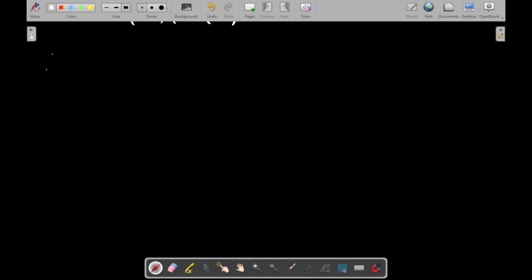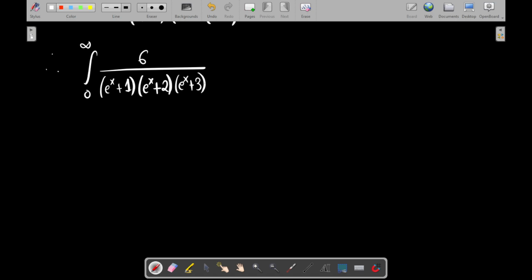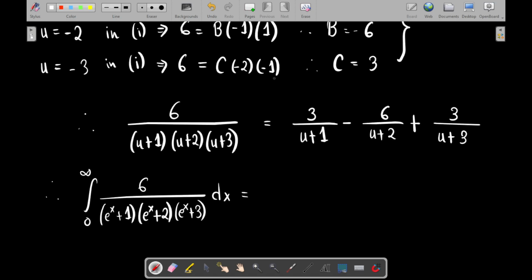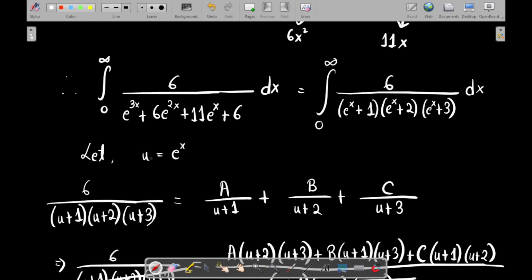So our integral, which was from 0 to infinity of 6 divided by e to the power x plus 1 times e to the power x plus 2 times e to the power x plus 3 dx. Essentially, if we divide back to x, we had u equal to e to the power x, right?